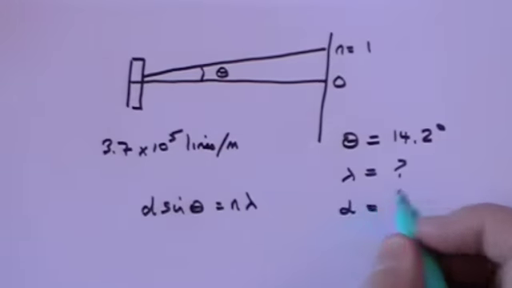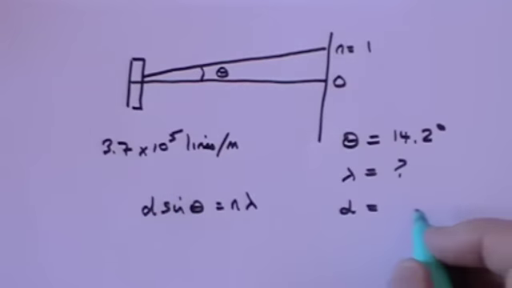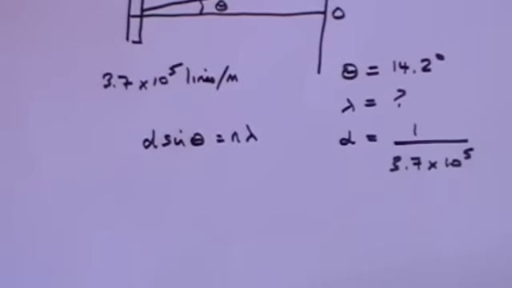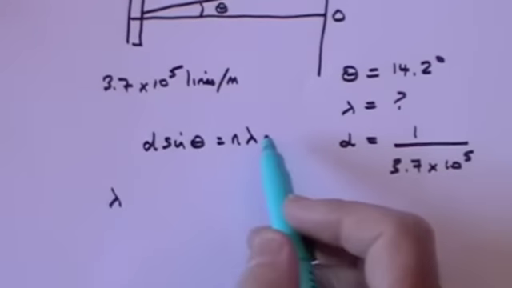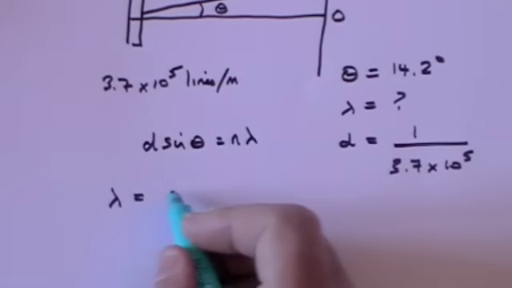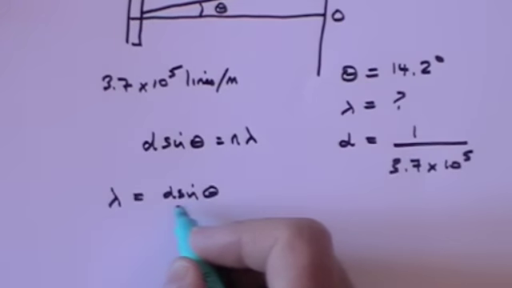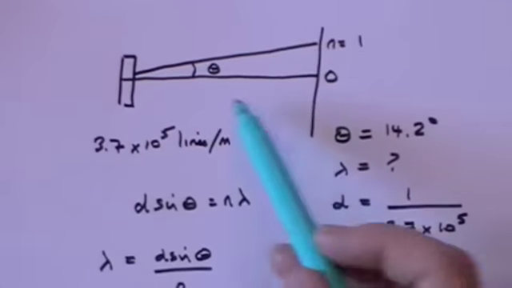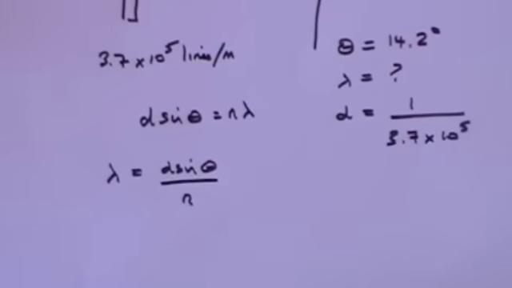D is going to be, therefore, 1 over this term here, and I'll get it right this time, 1 over 3.7 times 10 to the 5th. That's D. So since now what we want to know is lambda, lambda is going to be d sine theta divided by n. N, of course, is 1 because we're looking at the first order fringe.